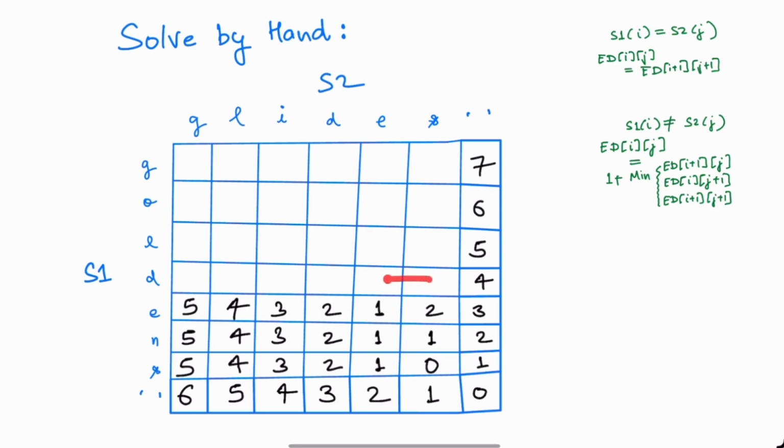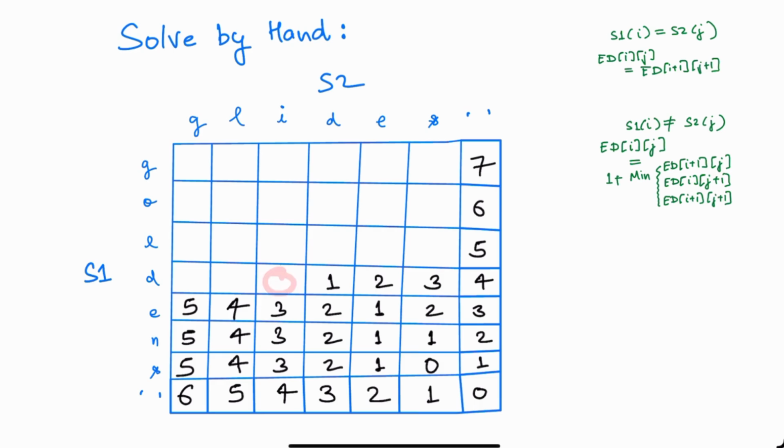Let's move to this layer. Here the characters do not match, so take the minimum and add 1, so it should be 3. Here the characters don't match, take the minimum, add 1, it should be 2. Here the characters match, so the answer is this one, i plus 1, j plus 1, so we put 1 here.